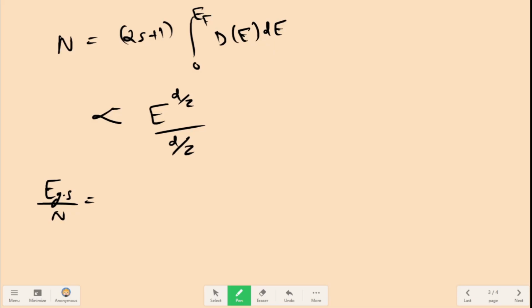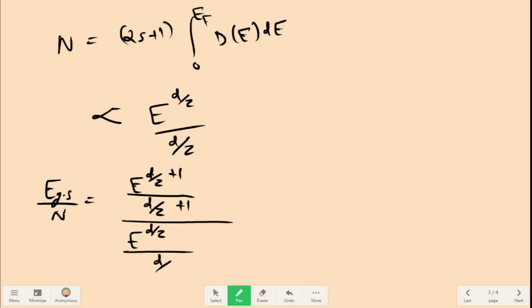So ground state energy divided by n is equal to E raised to d by z plus 1 divided by d by z plus 1, whole divided by E raised to d by z divided by d by z, which is equal to d divided by d plus z times EF.